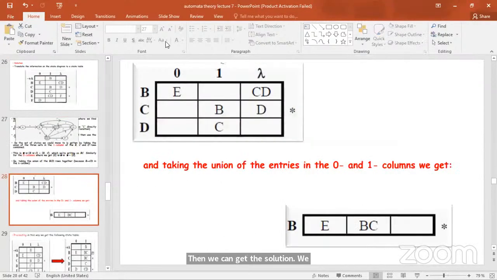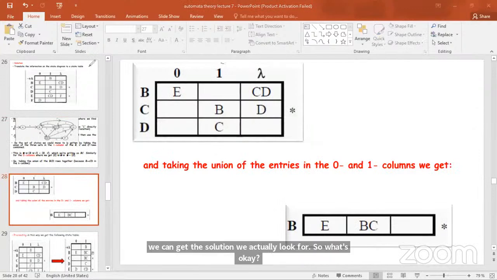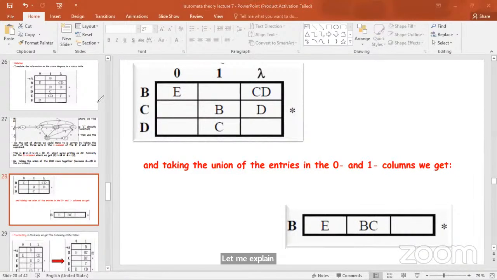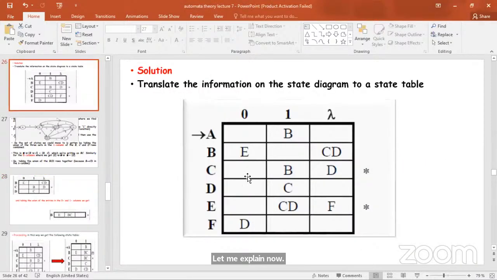So okay, let me explain now. Now, how do we go? Now here, look at this diagram. The first one that has a value under lambda is what?